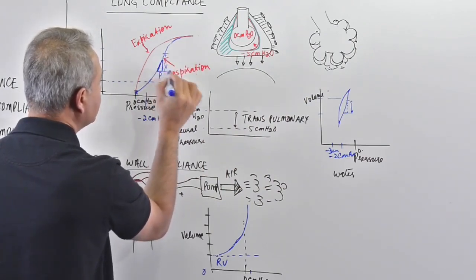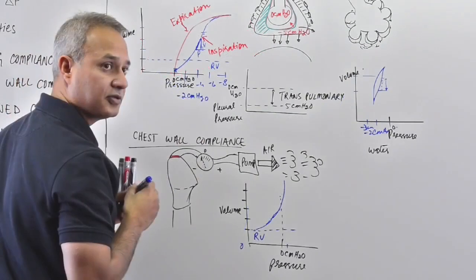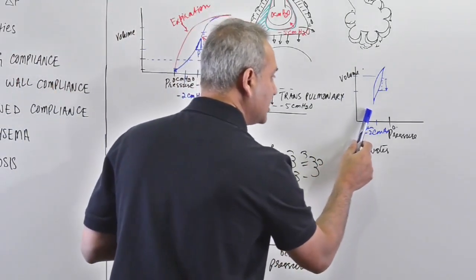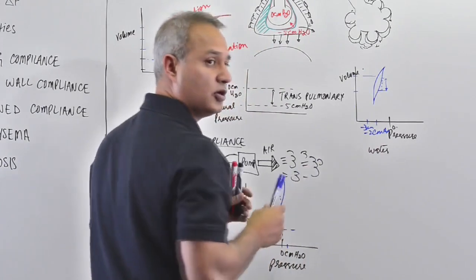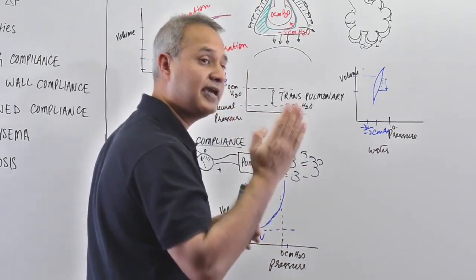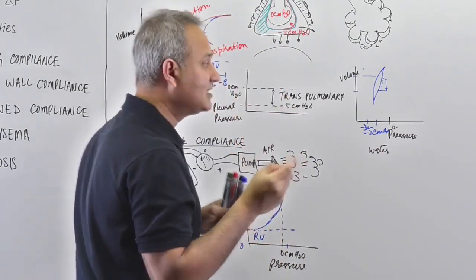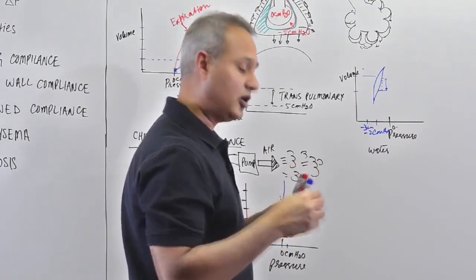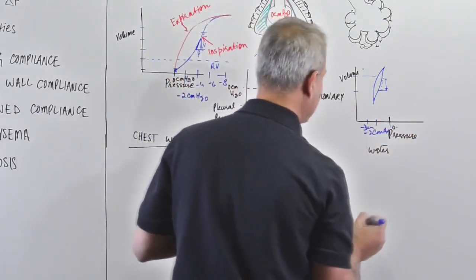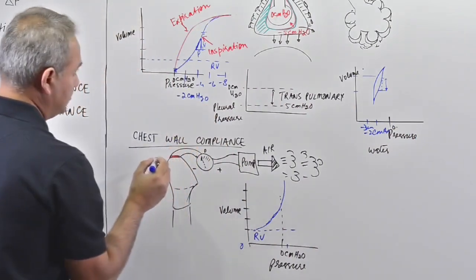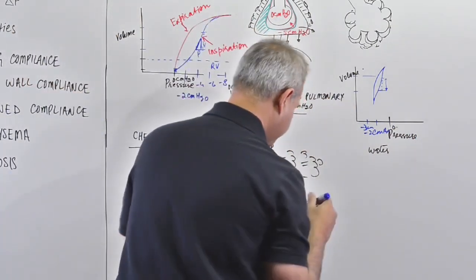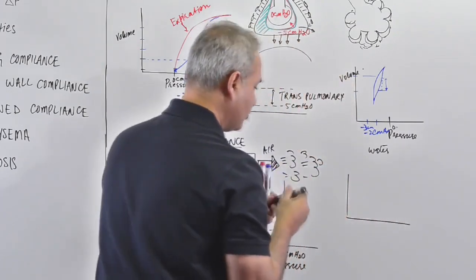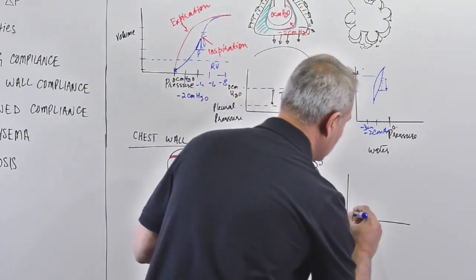Somewhere like this. Make sense? So the slope of the compliance graph tells you how easy it is for the lung to fill or not. Imagine now if I made another graph, in which I showed the slope like this.